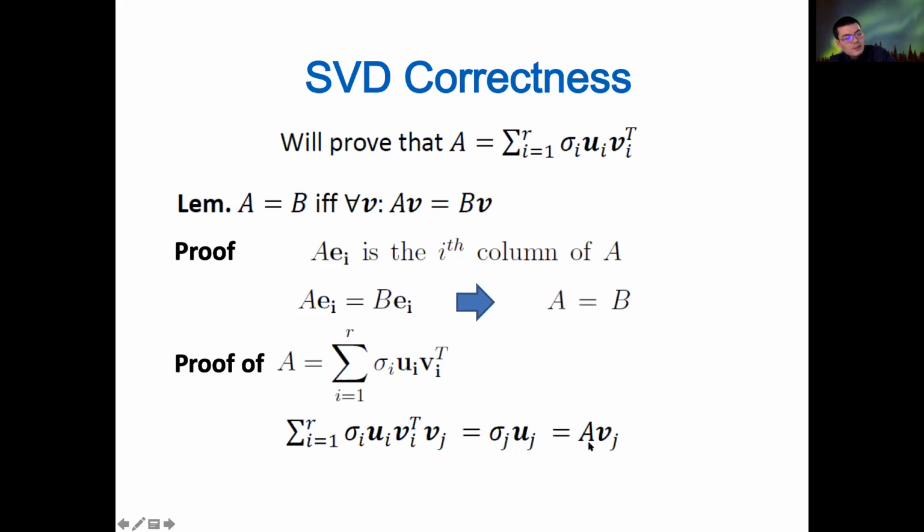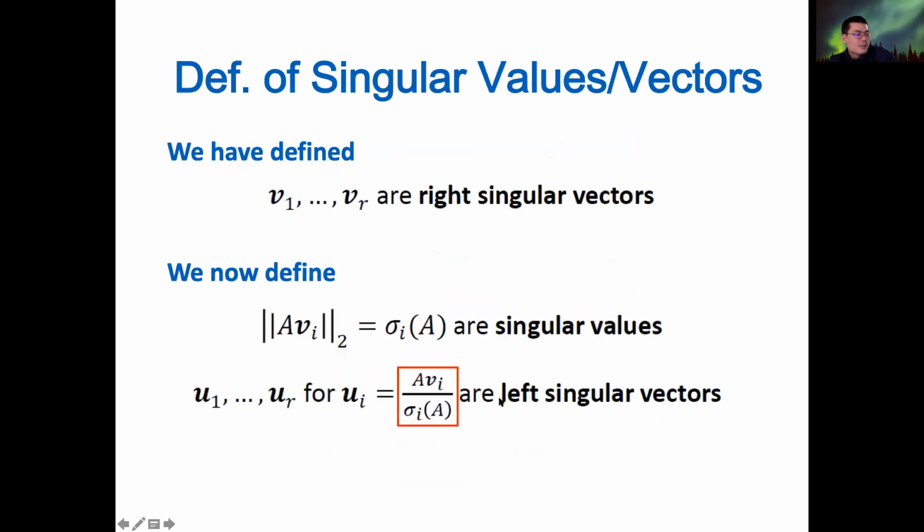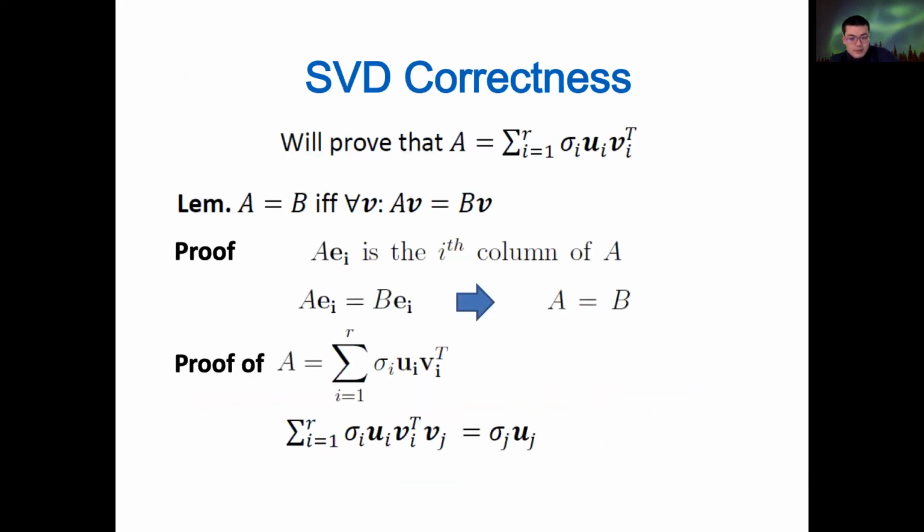And sigma j uj is actually equal to A Vj. You may be curious why. This is because our uj is defined this way, and sigma i ui equals A vi. This is by definition.